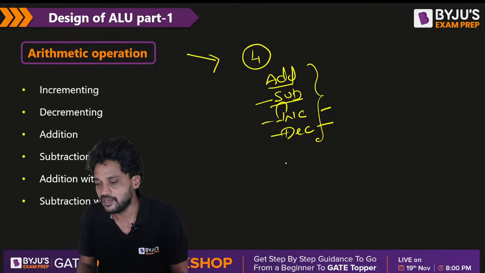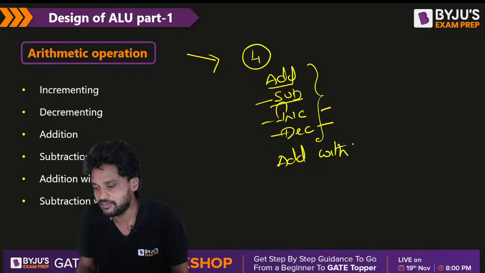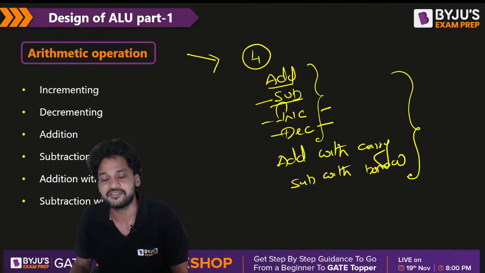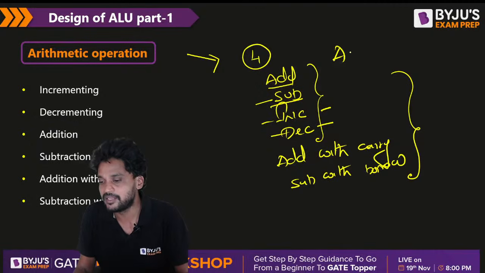And similar to that, we do have addition with carry and subtraction with borrow. These are all the operations that are going to be performed by the arithmetic unit of an ALU.